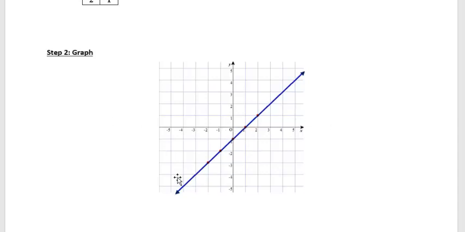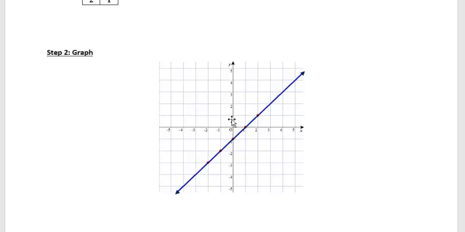For the domain, I know this is going left forever, and it's also going right forever. Basically, it's going to travel through all of the numbers, and when it travels through all of the numbers, we use the letter R.